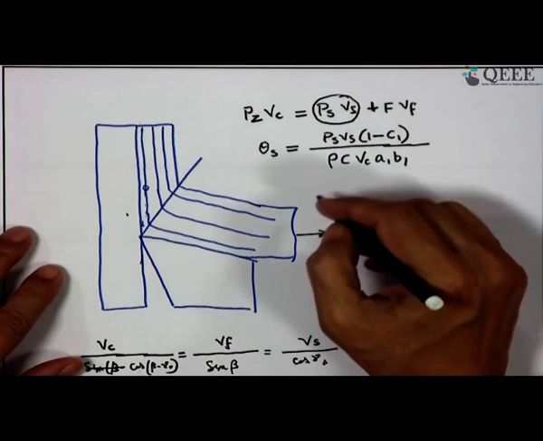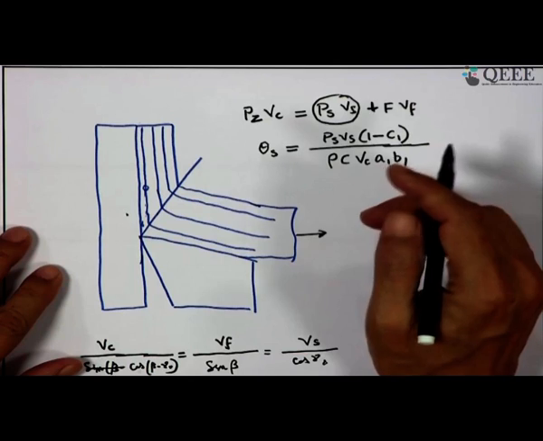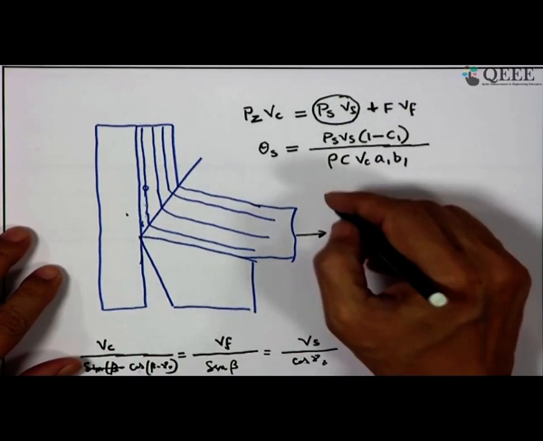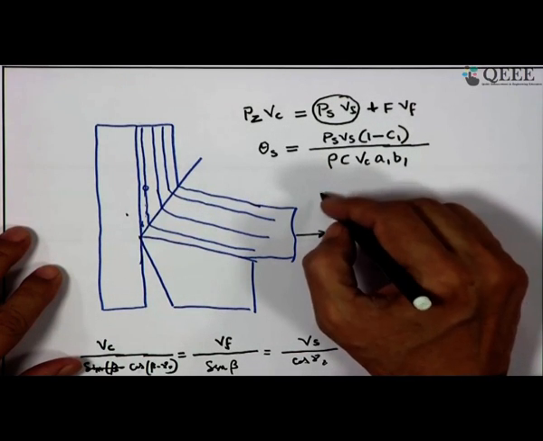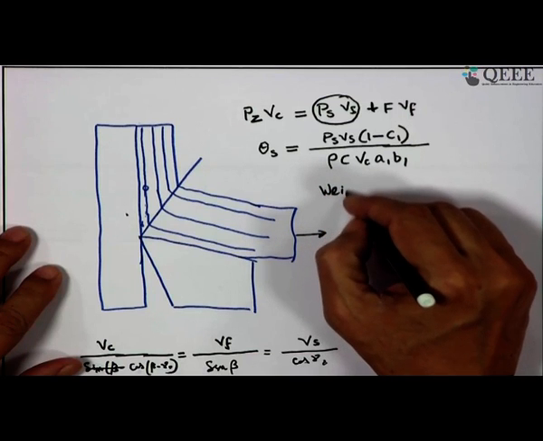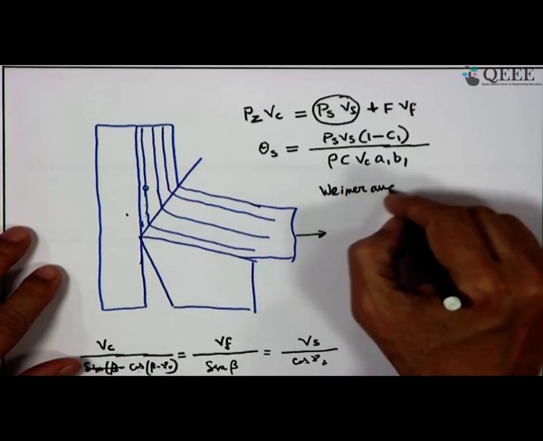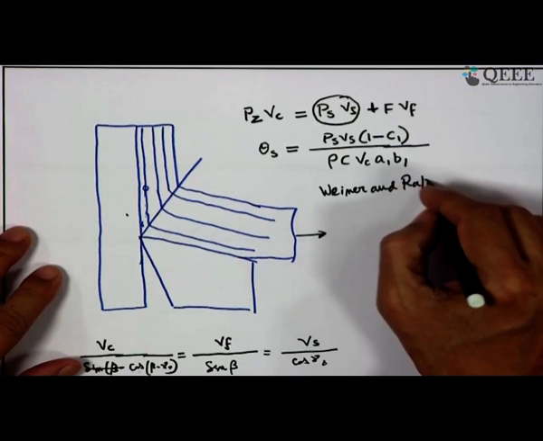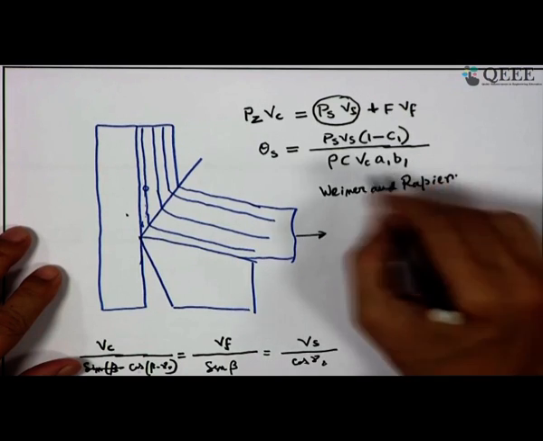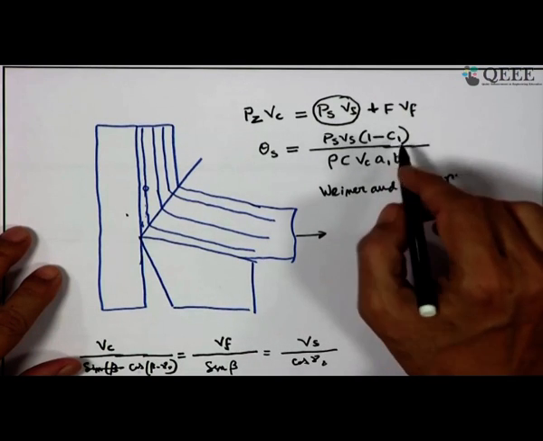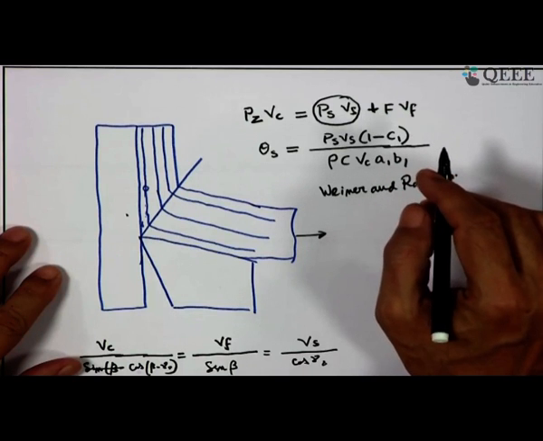Now, here two pioneers worked in this area, their names are Weiner and Rapier. They made a solution to this, how you get the value of C1.